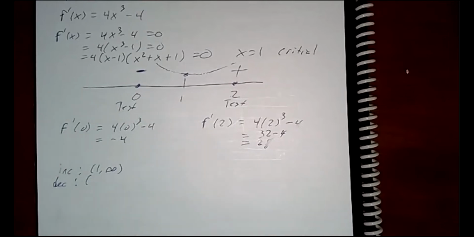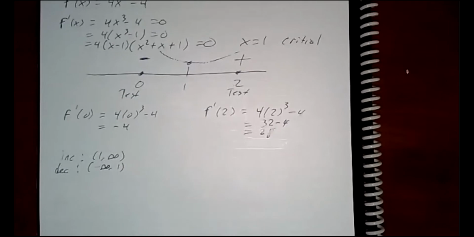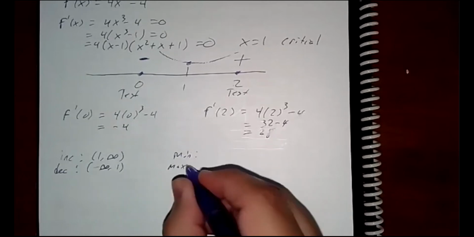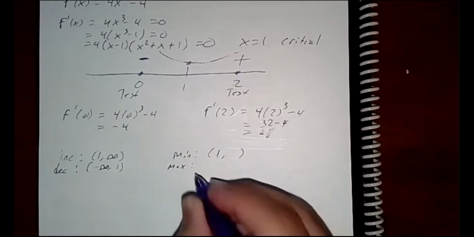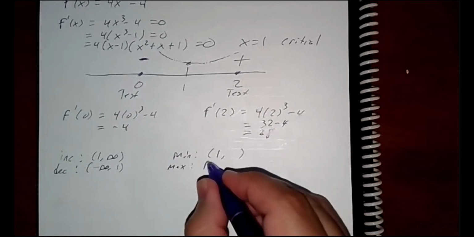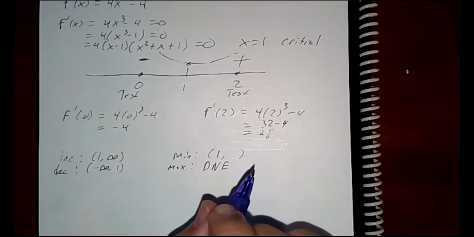Where are we decreasing? Negative infinity to 1. Do we have a minimum? It would be 1. Yeah, x value is 1. Is there a max? Doesn't look like it. There's no more critical values, so no.